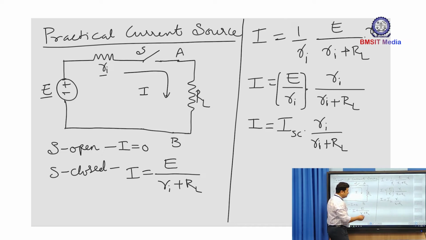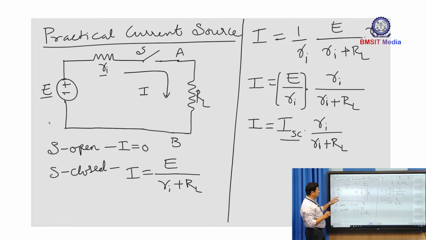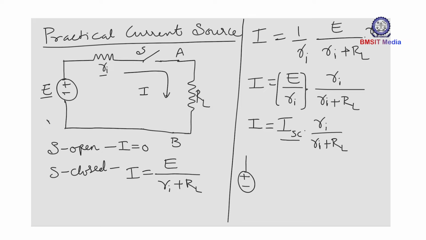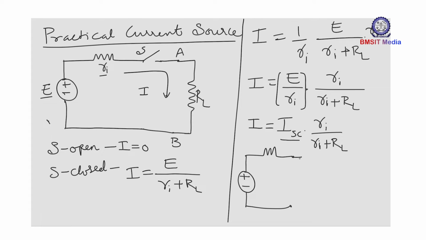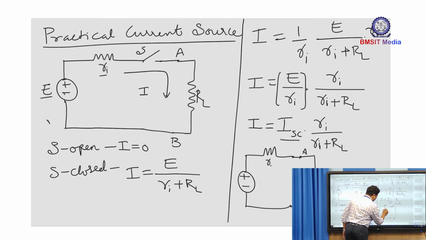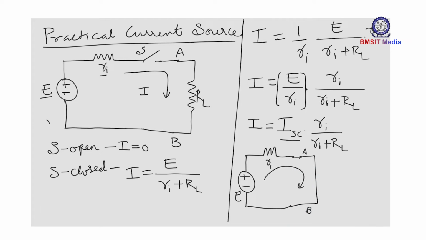Now, what this ISC means is, it is the short circuit current of the source when the load terminals are shorted. So, if I take only the source, discarding the load, with internal resistance Ri, and the switch S is closed and the load terminals are shorted, there circulates a current under the short circuit condition of the load terminals, and this I call the short circuit current.